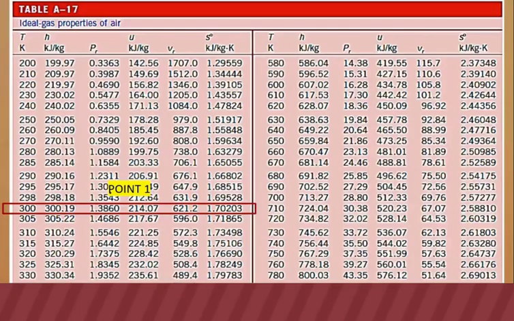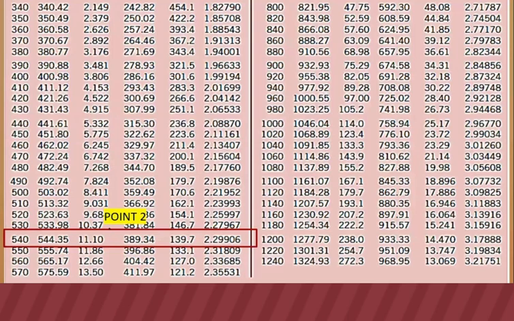This is how we get the value of the Prandtl number at point 1. As you can see here, we have the temperatures, enthalpy, and the Prandtl number. We're given the temperature of 300 Kelvin, so we have enthalpy of 300.19 and the Prandtl number here. On the other hand, at point 2, we use the Prandtl number 11.10 to get the enthalpy.